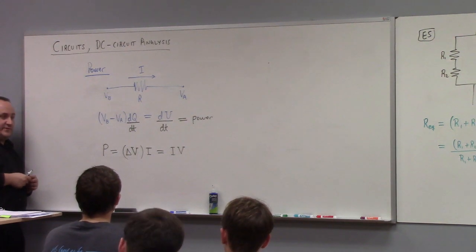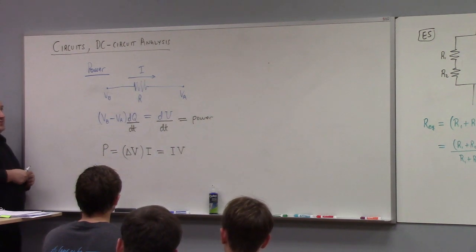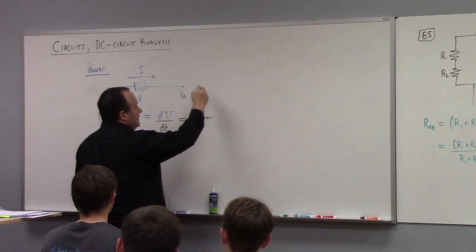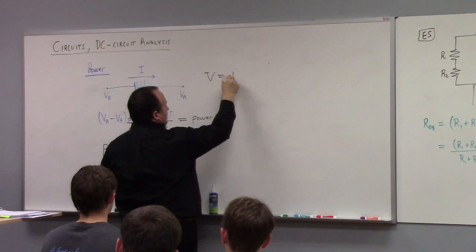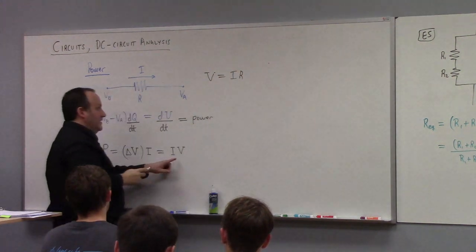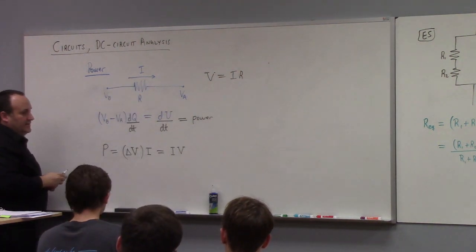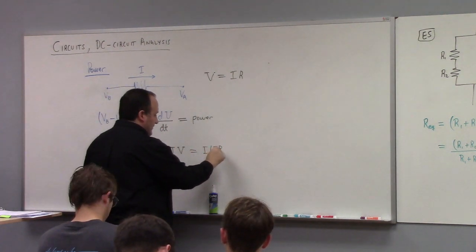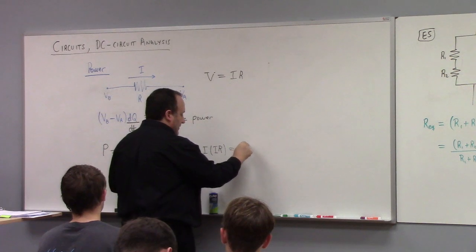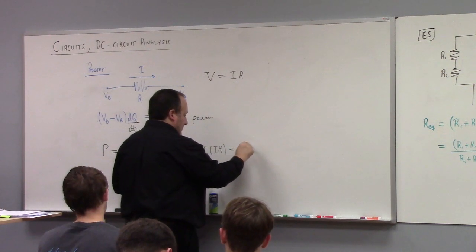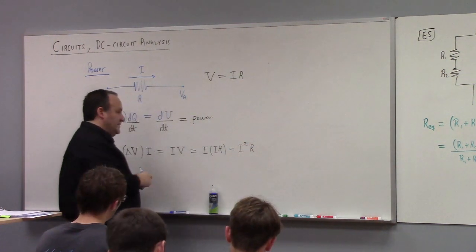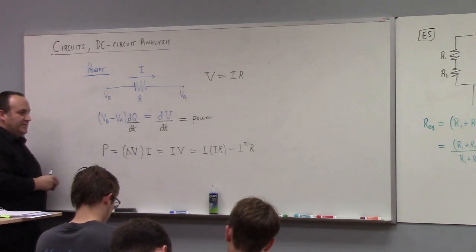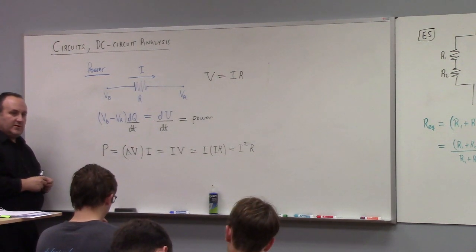And there are two other formulas, right? Because Ohm's law says V is IR. So I can also write this as I times IR, also known as I squared R. I can eliminate the voltage. And my other choice is eliminating current.